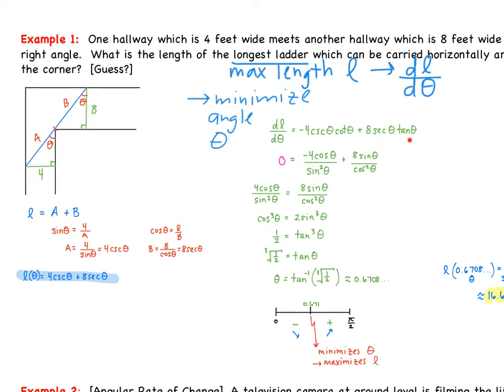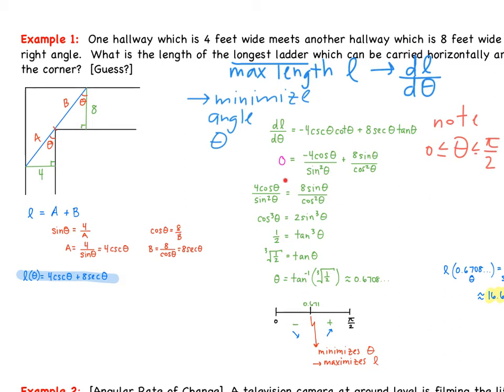And now, since we are looking to maximize our length, we need our critical number, so we have to set that equal to 0. One thing we need to note is that theta is between 0 and pi over 2, okay? Because remember, that's our restricted domain there.